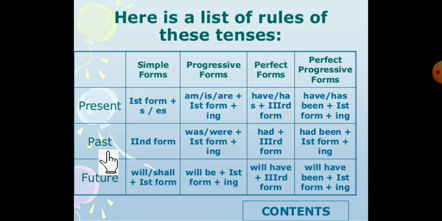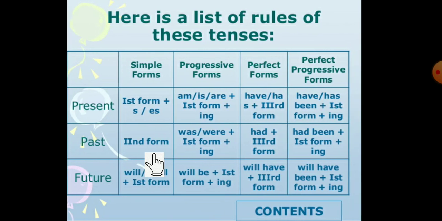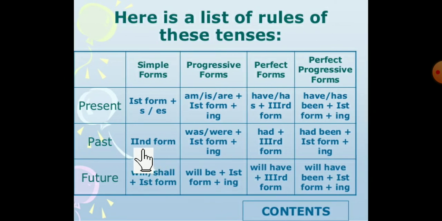Now in the past tense, second form of the verb, because it is past tense, so we have to use the past verb form. In the past continuous tense, was or were plus first form plus ing, because it is continuous. When past perfect tense is there, we have to use had plus v3, the third form of the verb. Got it? And in the past perfect continuous, there should be had been plus first form of the verb plus ing.